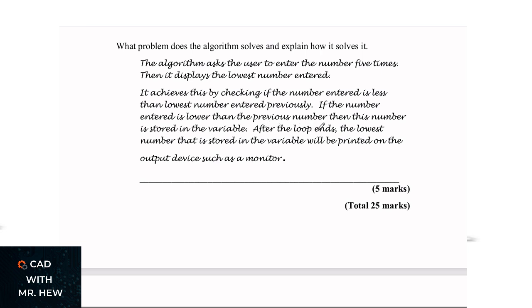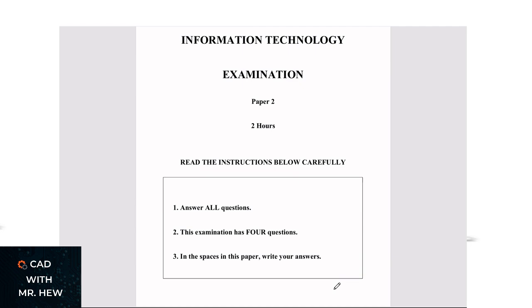After the loop ends, the lowest number that is stored in the variable will be printed on the output device, such as a monitor. This explanation would give you 5 marks, and the total marks for this question is 25 marks. The total marks for this information technology examination paper is 70 marks.